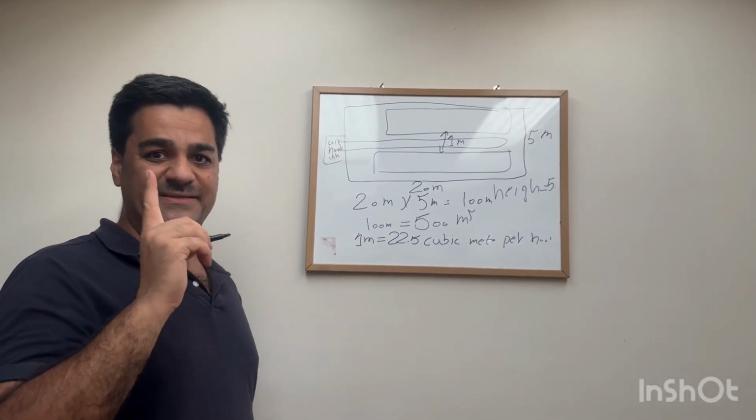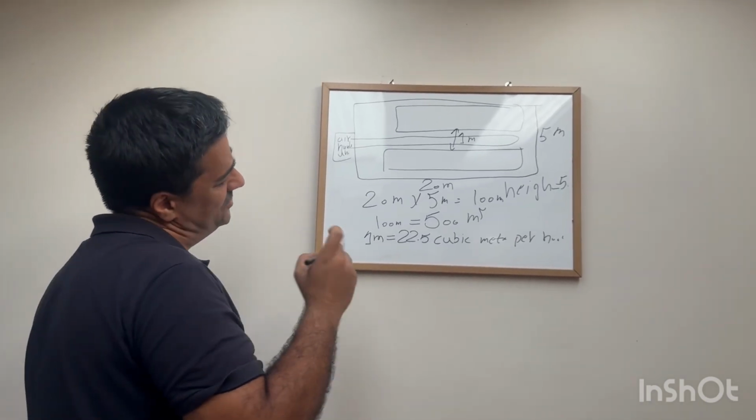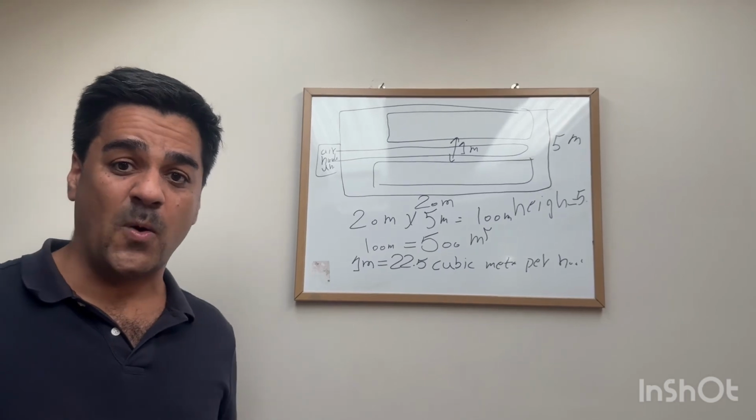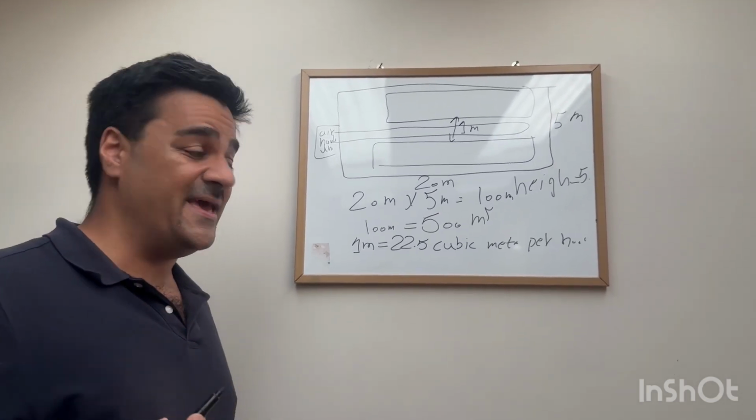Each square meter needs 22.5 cubic meters per hour. This is the index of the air.